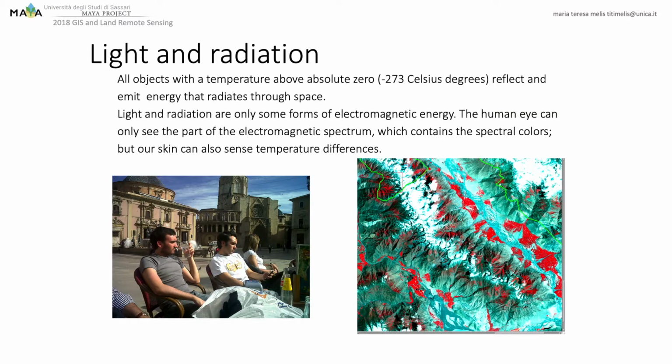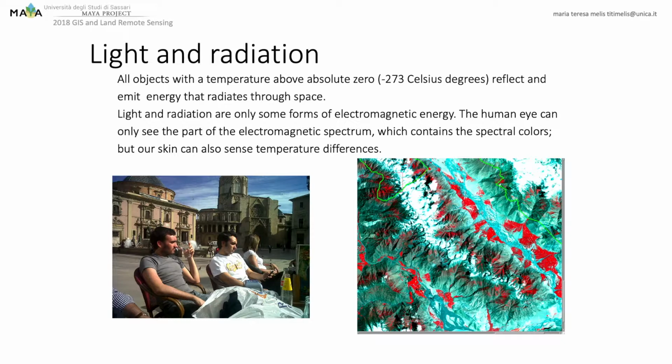As you know, all objects emit and reflect light, and there is a particular interest in analyzing which kind of radiation can be observed with our eyes, that is the image that you see on the left, while on the right you see an image acquired from a sensor.